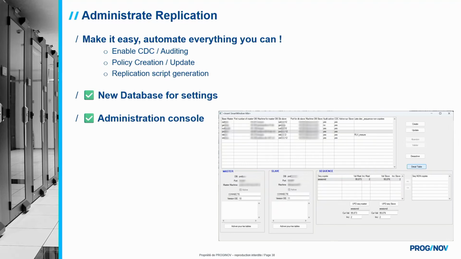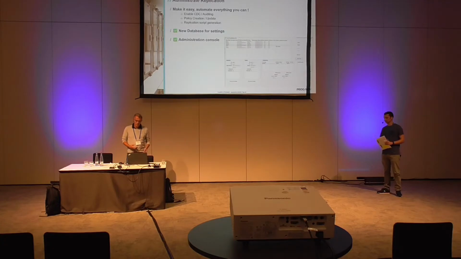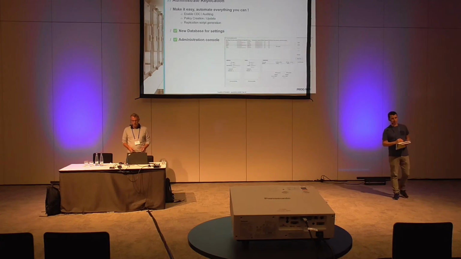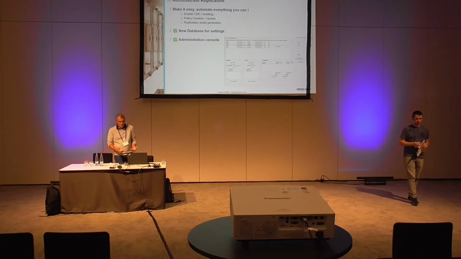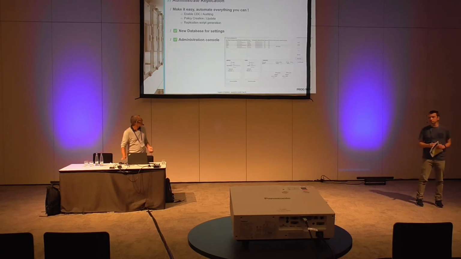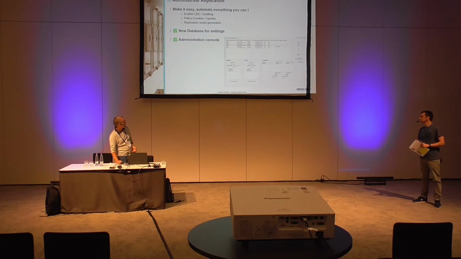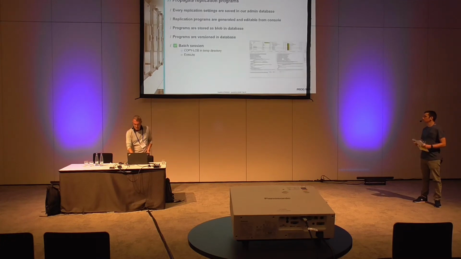Everything is stored in the replication DB. It allows me to run scripts to enable everything, to define my master DB and my slave DB, set the policy, create source code, and create a new replicate set quickly. There is a screenshot of the element.